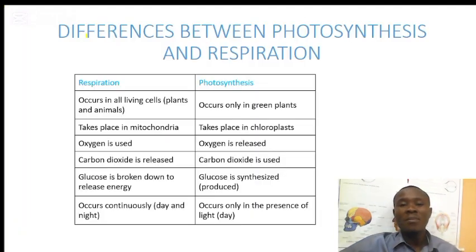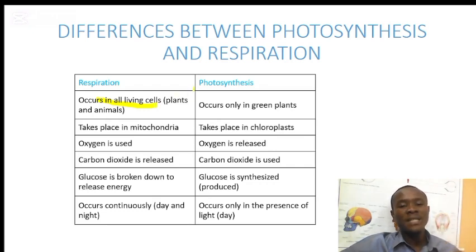So now let's talk about the differences between photosynthesis and respiration. Respiration occurs in all living cells. That means it is occurring in all living organisms.